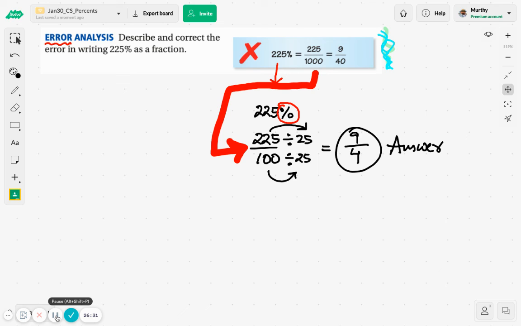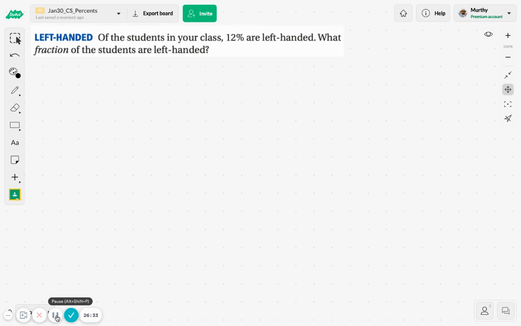Next, let me take the next one. Of the students in your class, 12% are left-handed. What fraction? Okay, so now I have to convert percent to fraction.